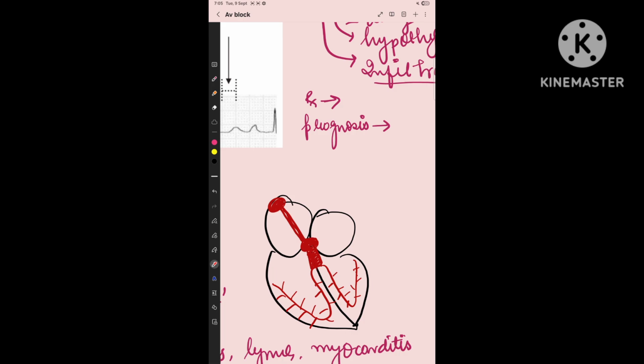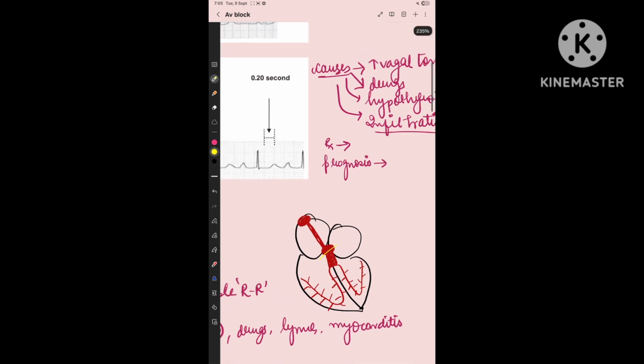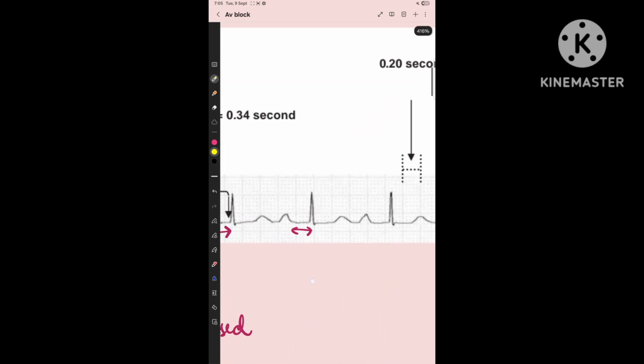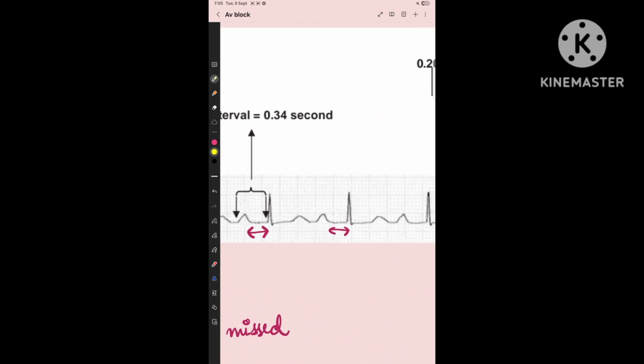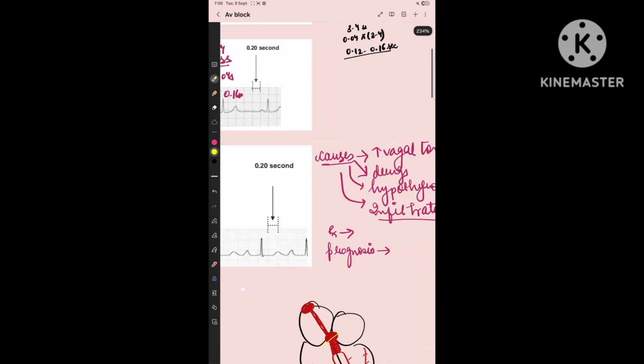But if there is some pathology at the level of the AV node, so that the AV node is not conducting at the normal pace but is conducting at a slow rhythm, there will be a constant prolongation of the PR interval, but it will be constant. It will not increase, it will not decrease, it will be prolonged. So we can say the first degree AV block is one in which the AV conduction is just prolonged.